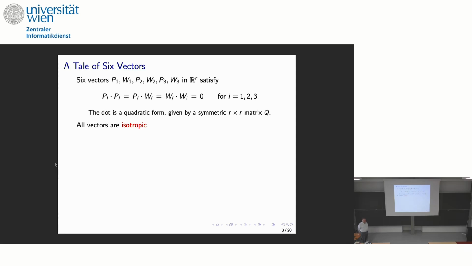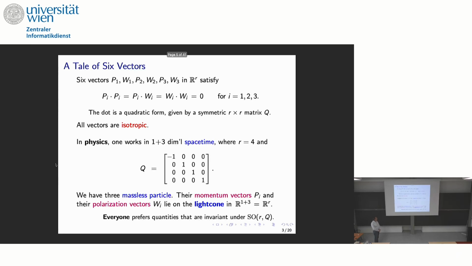Now the dot refers to a quadratic form given by a symmetric R by R matrix Q. If a vector dots to 0 with itself, in the math literature we say the vector is isotropic. But here I have a jointly isotropic, a stronger assumption. The vectors themselves are isotropic, but I also have that Pi is perpendicular to Wi.